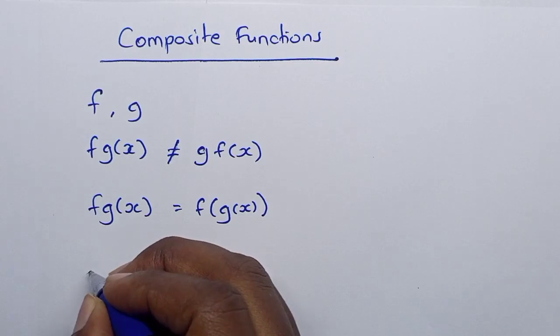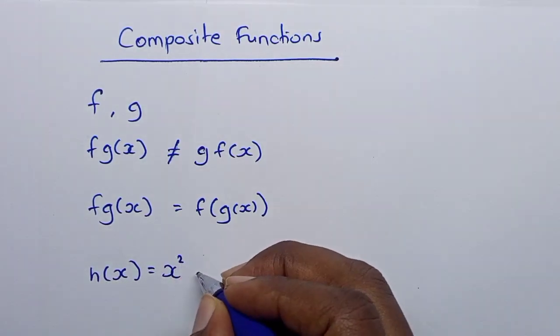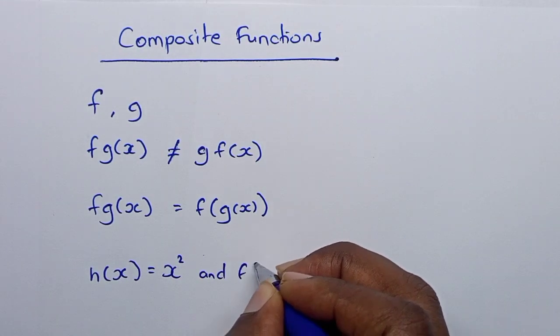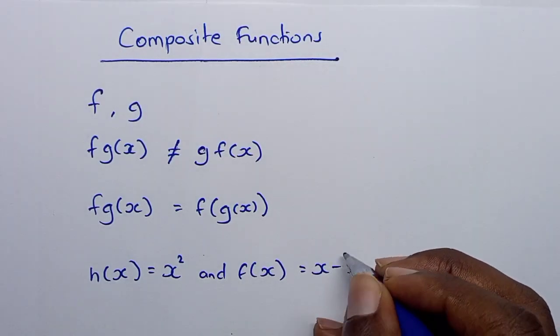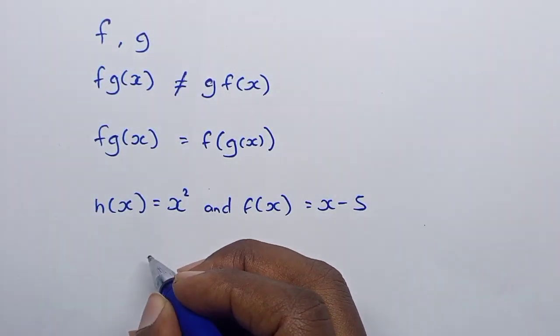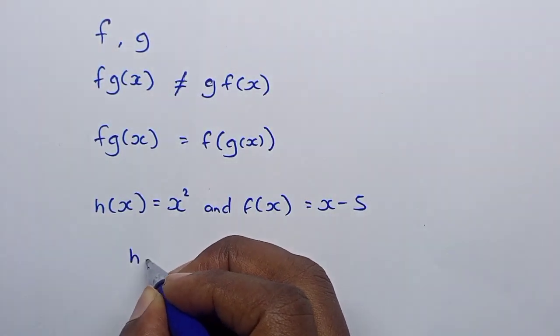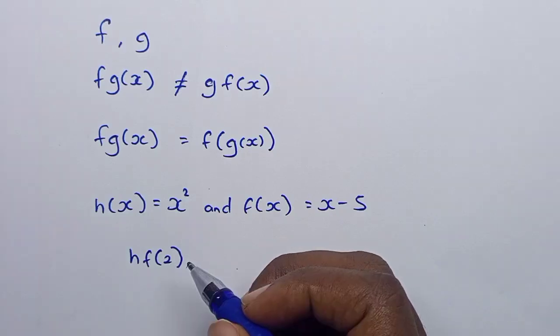For example, if you have h of x being equal to x squared and f of x being equal to x minus 5. Suppose you are told to find h of f of 2. So how do you go about this?